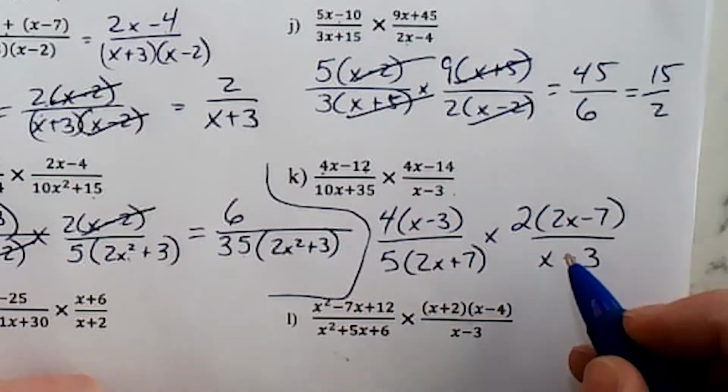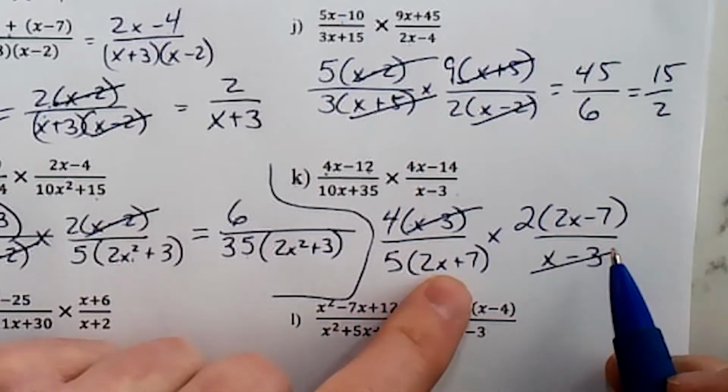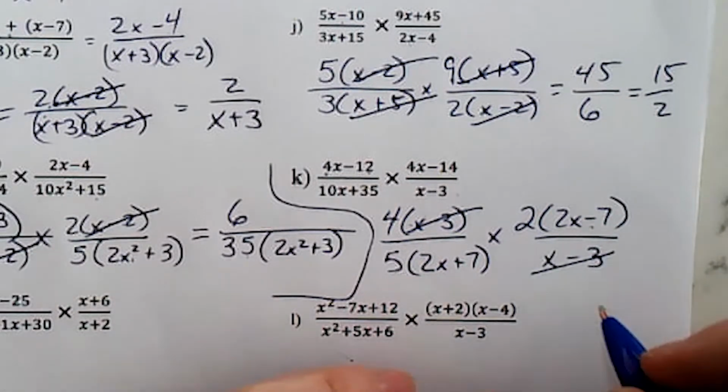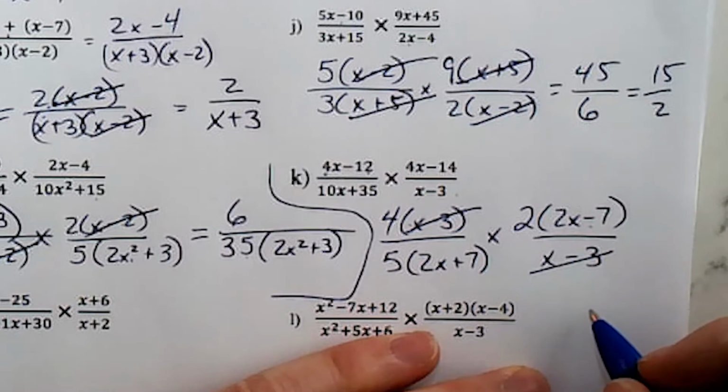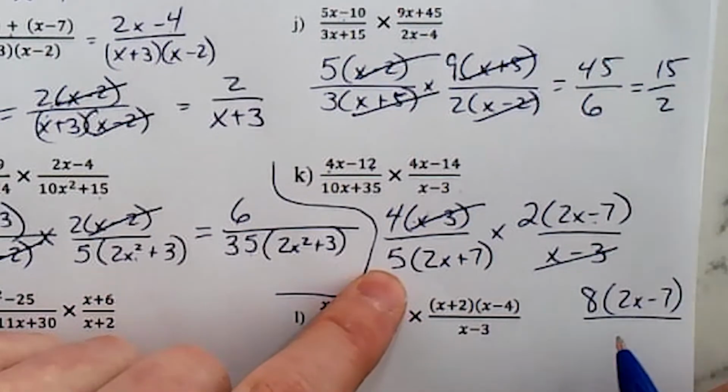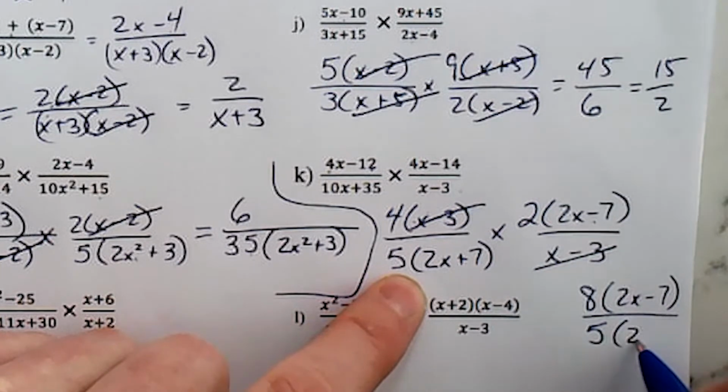So x minus 3, both places. We've got 2x, plus and minus, they're not the same. So 4 times 2 on top, 2x minus 7. The 5 is by itself, 2x plus 7.